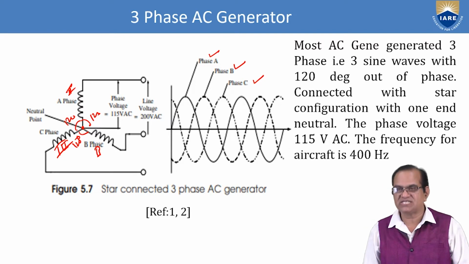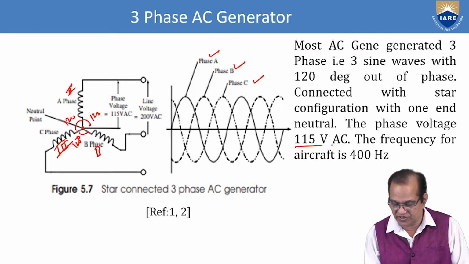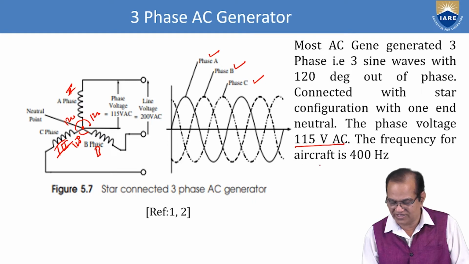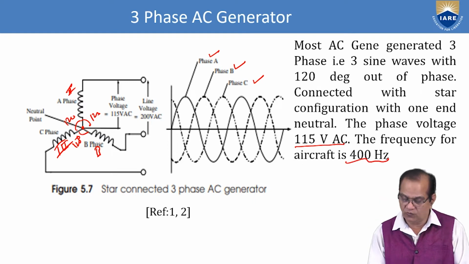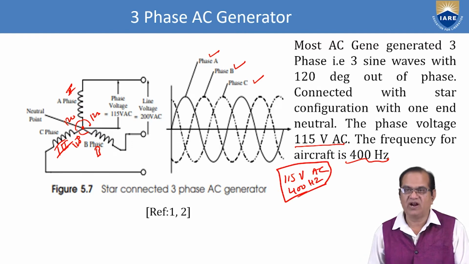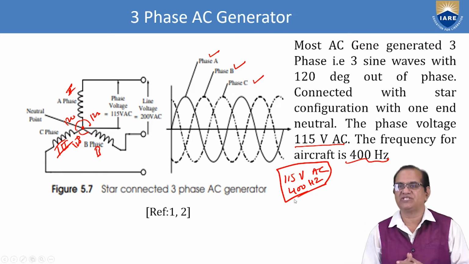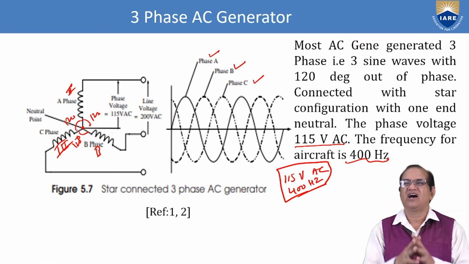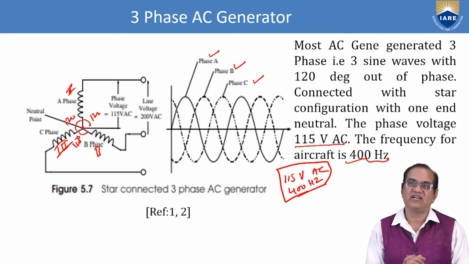The phase voltage we want is 115 volt AC. The frequency for the aircraft is 400 hertz. So we want 115 volt AC with 400 hertz frequency. This we want because the higher the frequency, the smoother the alternating current you can observe.